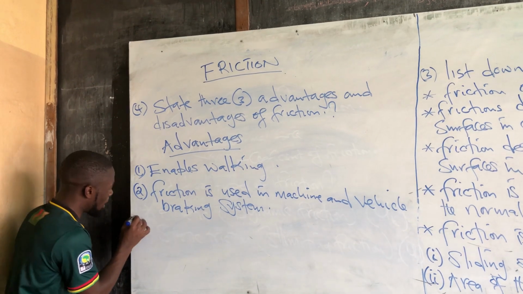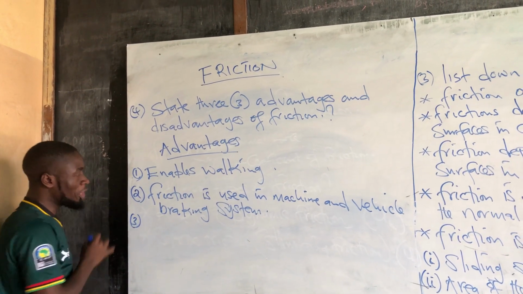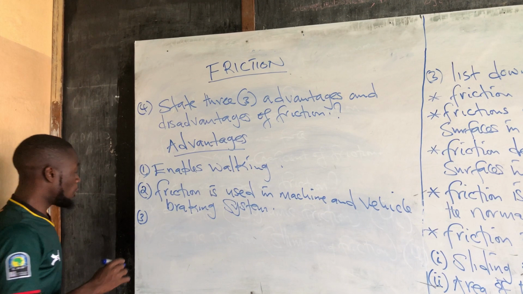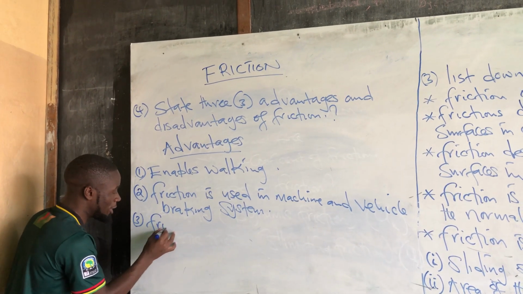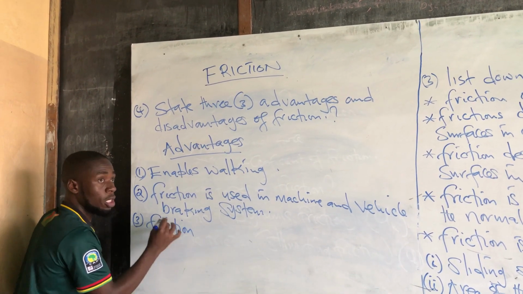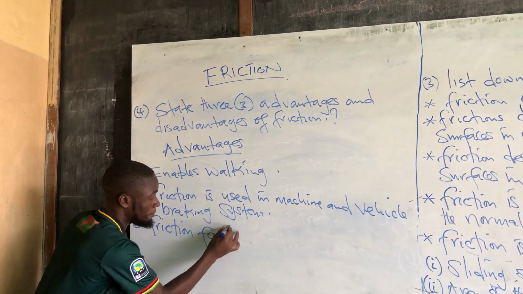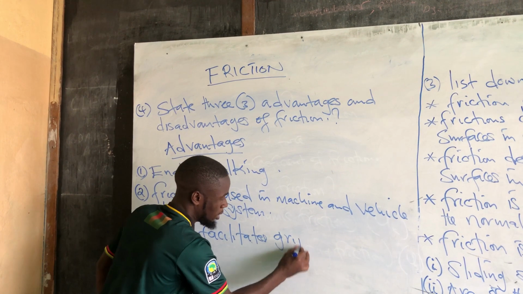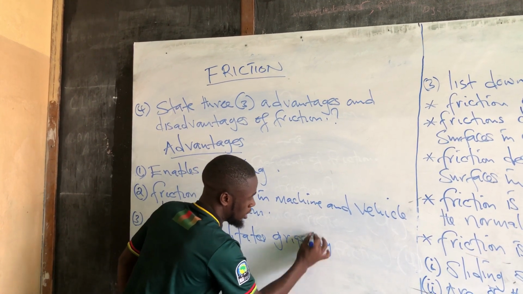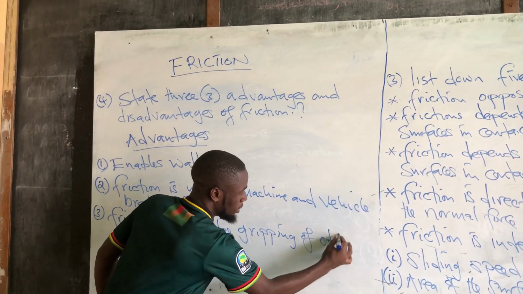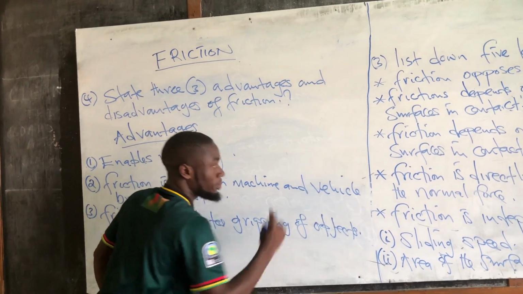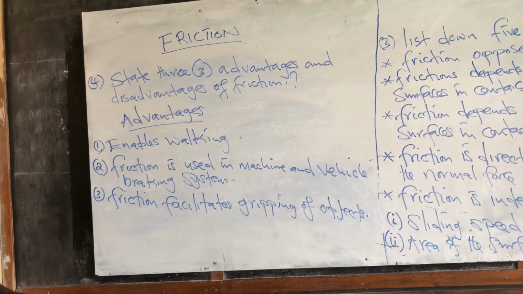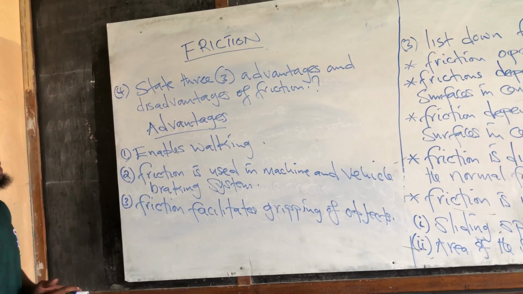Okay, then number 3 here, friction facilitates gripping of objects. Gripping of what? Objects. So we have 3 advantages here.